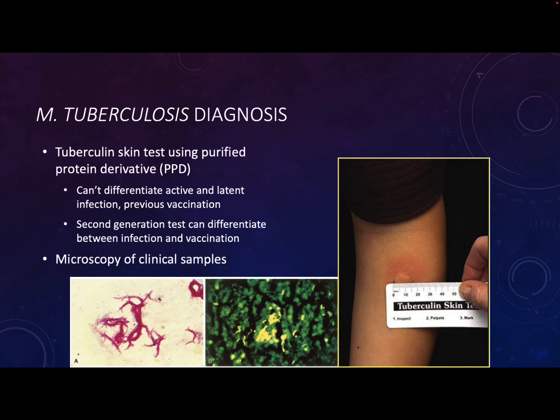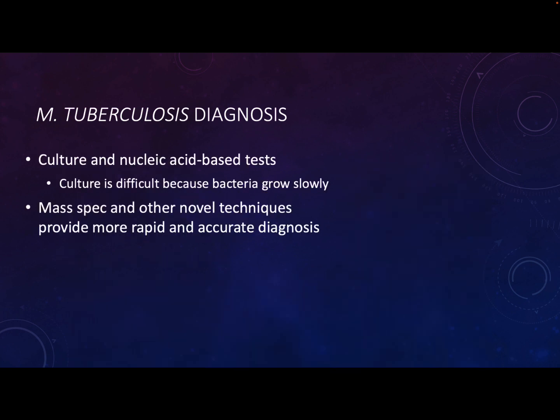Okay. You can do microscopy of clinical samples. There is a very particular type of staining technique, acid-fast staining, that allows you to stain for the microorganisms. You could do fluorescence microscopy looking for antigens. The skin test is pretty common and it's relatively easy. Culture and nucleic acid-based tests are available, but as I mentioned, culture is tricky because it's so slow.